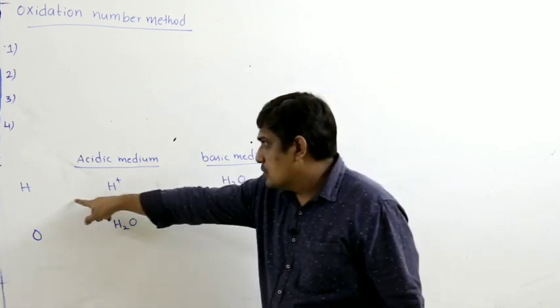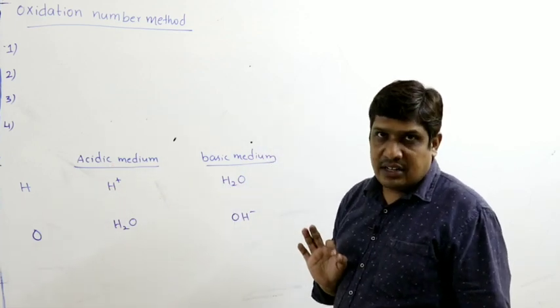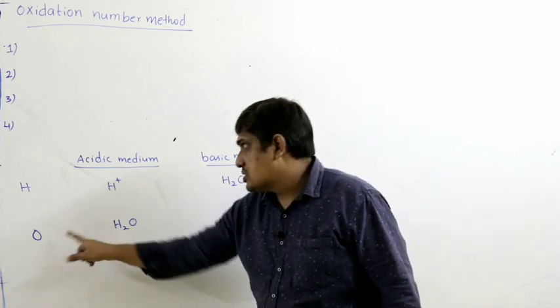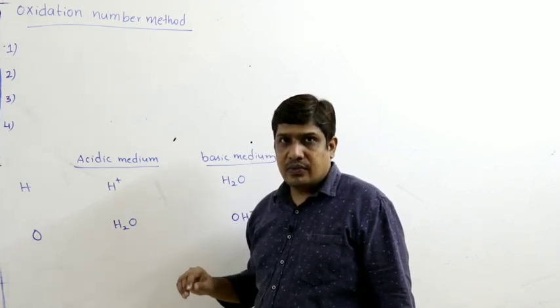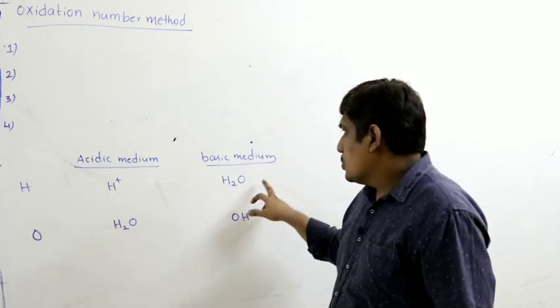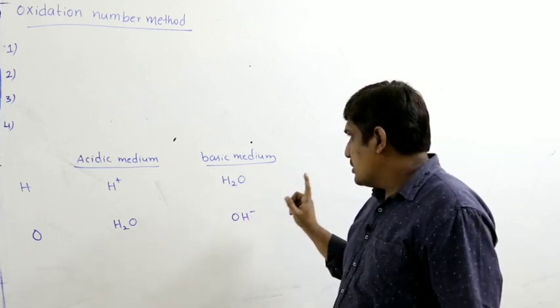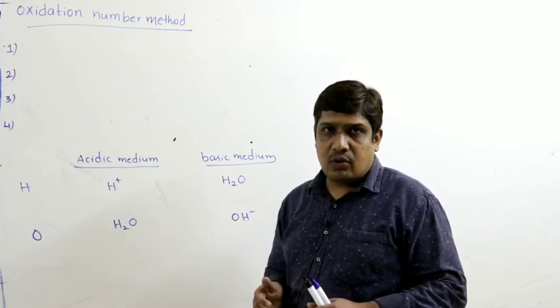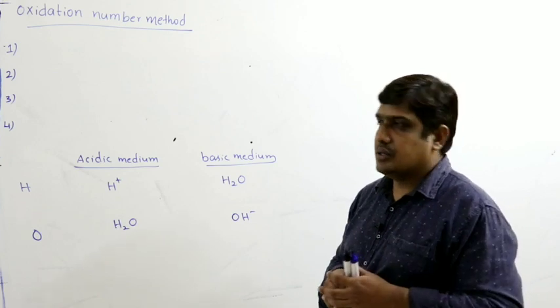To balance hydrogens in acidic medium, add H plus ions wherever necessary, on the proper side. To balance oxygen in acidic medium, you have to add water, right. To balance hydrogen in basic medium you have to add water. To balance oxygen in basic medium you have to add OH minus. You can repeat this as many times as required till all hydrogens and oxygens are balanced.